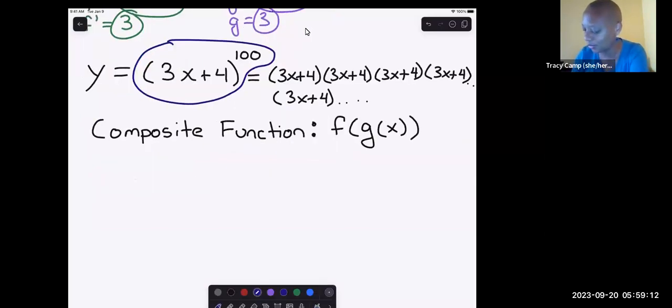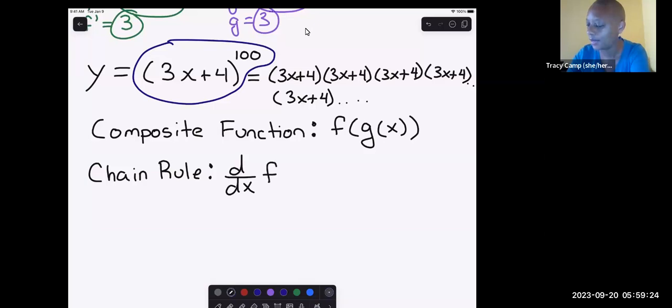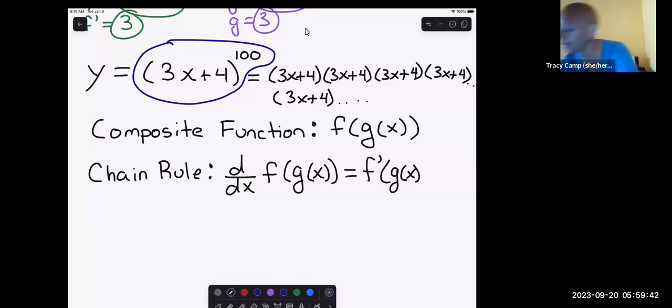So the chain rule just says that the derivative of f of g of x is equal to f prime of g of x times g prime of x.